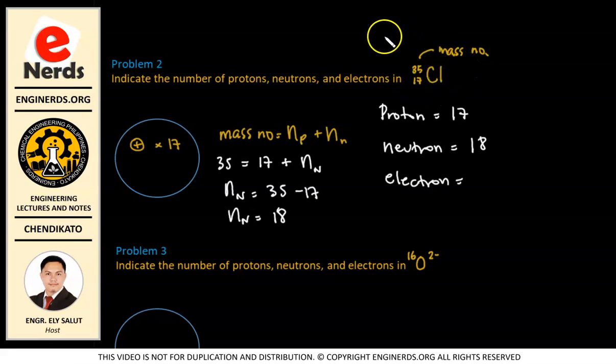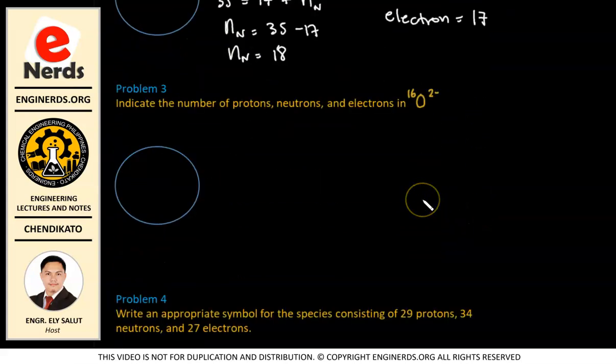There is no charge, and that happens if the number of protons is equal to the number of electrons, which are negatively charged particles, right? So outside our nucleus, we have negatively charged electrons, which is also equal to 17. Okay, so our number of electrons here is equal to 17. Okay, so let's go to problem number 3.